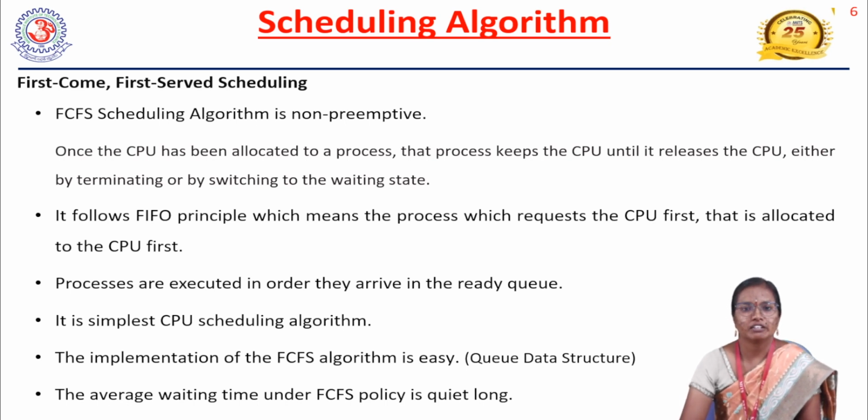This FCFS scheduling is very simple and very easy to implement. Here they are using the first in first out queue data structure, so that's why it's very easy to implement. But the waiting time for the FCFS scheduling policy is very large, so it is not very efficient, but it is very simple to implement.